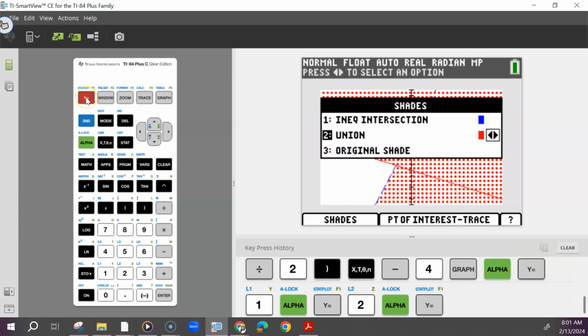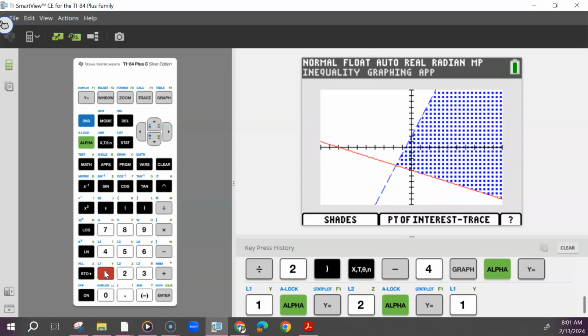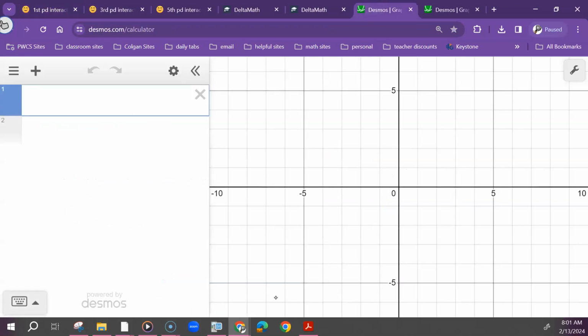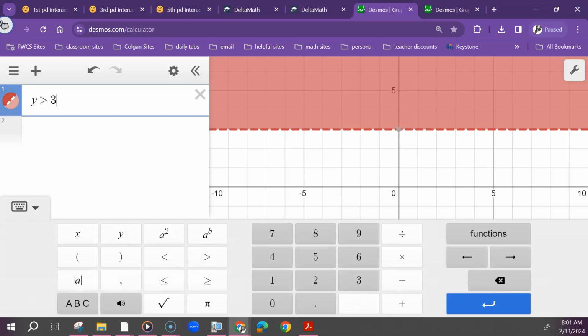How do I use the first one? In Desmos, if you want to check yourself, you would just type them in like normal. So I'll show you that real fast. I'm just going to make up 2 random ones.